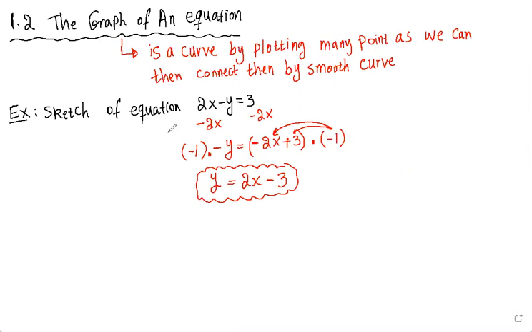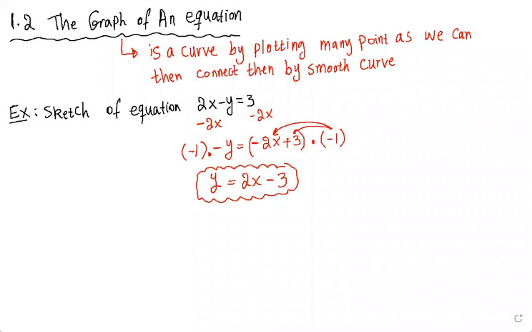Now, to sketch the graph of this equation, we have to plot x, y. So to graph an equation like that, we have to draw a table. This table has x values, and we take the y values. The x will be like a random variable, any value we choose.